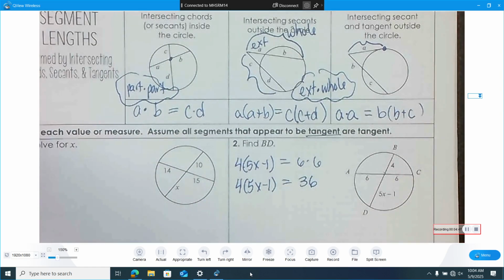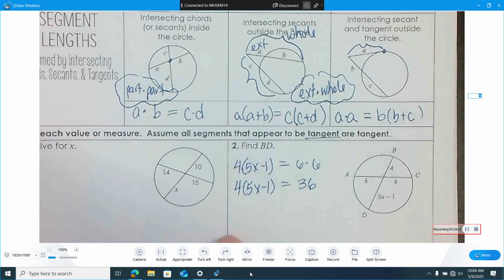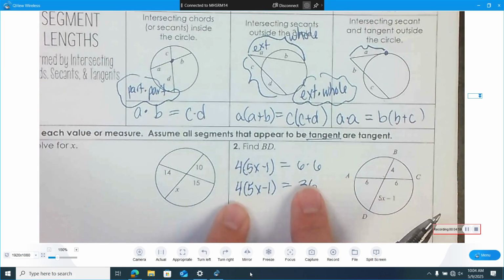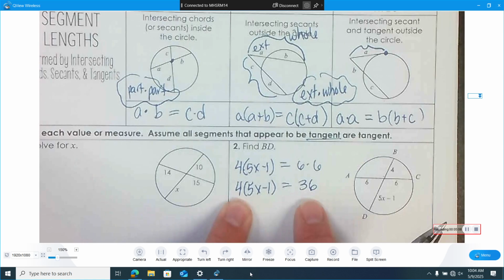How do you guys want to solve it? Distribute? We could also divide by 4. Either way, so two options there. You could divide everything by 4, divide both sides, which would give me small numbers. You could also distribute. Raise your hand if you already distributed.